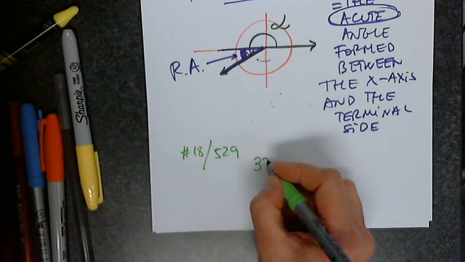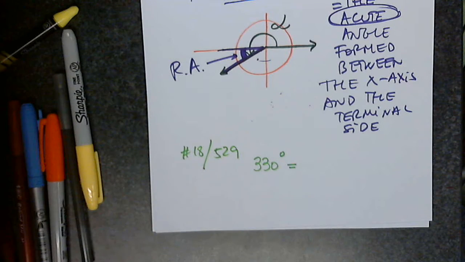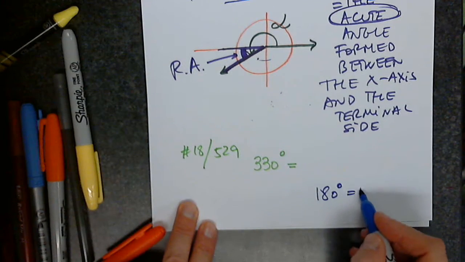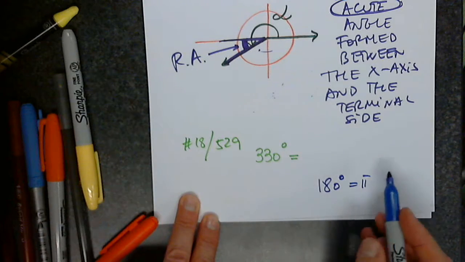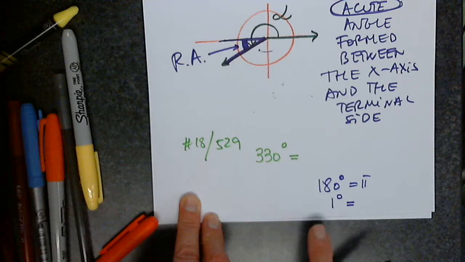We are asked to change 330 degrees to radians. And let's say, gee, I don't remember how much is 1 degree, but I definitely remember that 180 degrees equals pi, and from this relationship I can determine how much is 1 degree. I don't have to memorize or remember anything but this.